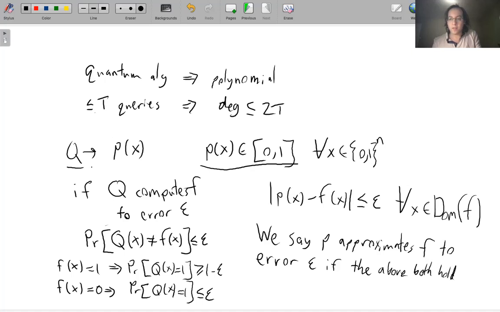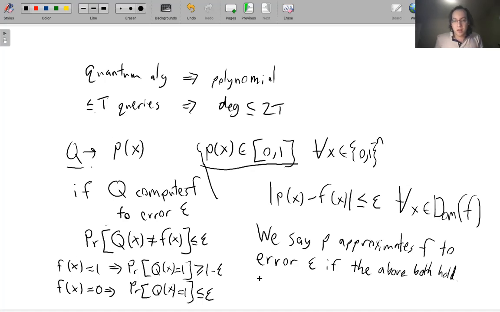This is a definition about P that doesn't mention the quantum algorithm Q anymore. So now we can talk about arbitrary univariate polynomials and ask whether they approximate F to error epsilon. We say they approximate F if both of these conditions hold. Basically the polynomial needs to be bounded in [0, 1], and it needs to be within epsilon of F.